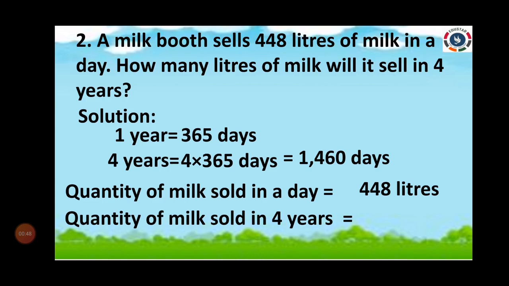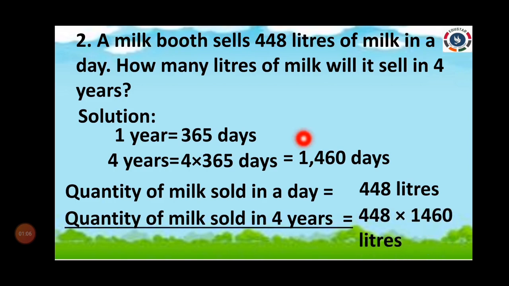Already I told you, one day is given, they're asking for many days, which means we want to multiply. So one of the values is given, they are asking for many. So we want to multiply the values. So 448 into 1460 days. So we want to multiply these two values alone.